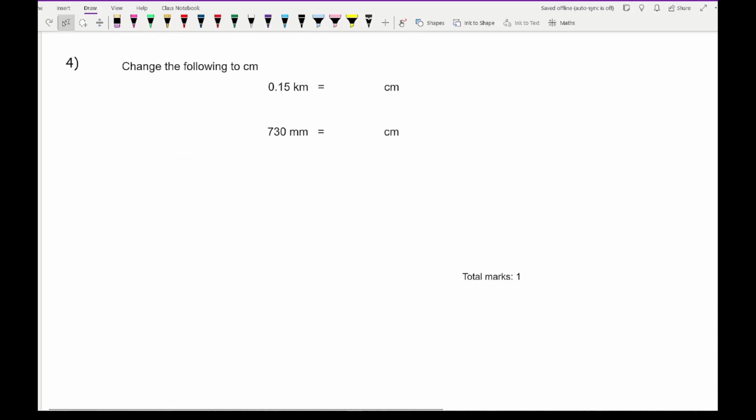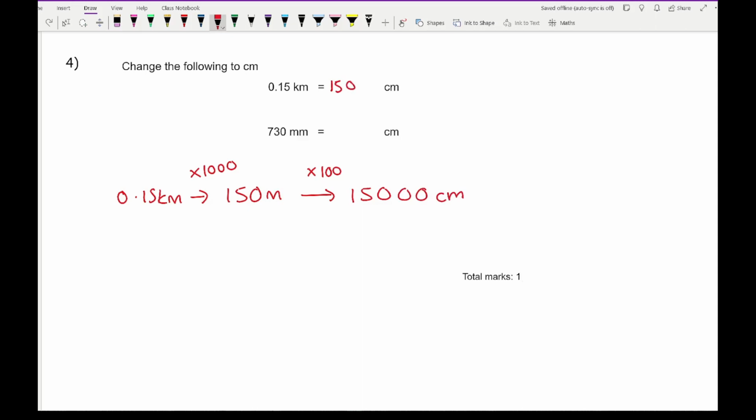Moving on to question 4, which looks at converting units, it says change the following to centimeters. So here we're looking at 0.15 kilometers, which is 150 meters, and if we multiply by 1000, then multiply by 100, that's going to be 15,000 centimeters, so that gives us an answer of 15,000.